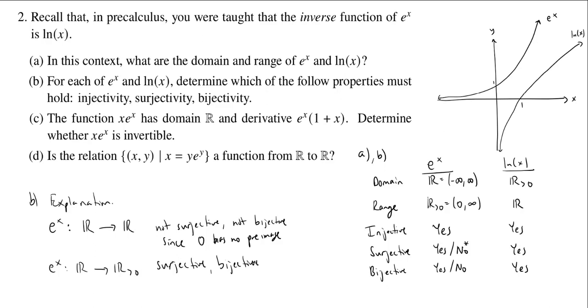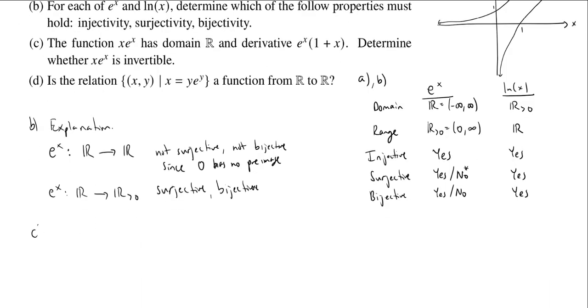Well, if we want to test invertibility, we know we can test whether or not the function is bijective. So this is an important result: bijective is equivalent to being invertible. And we know that bijective is equivalent to being injective and surjective.